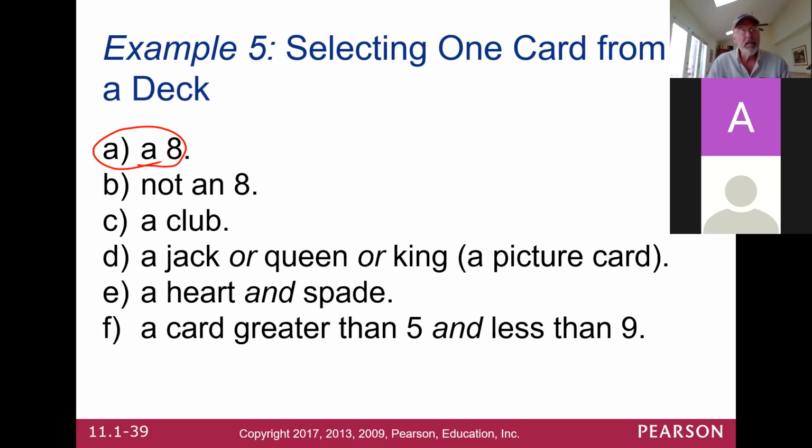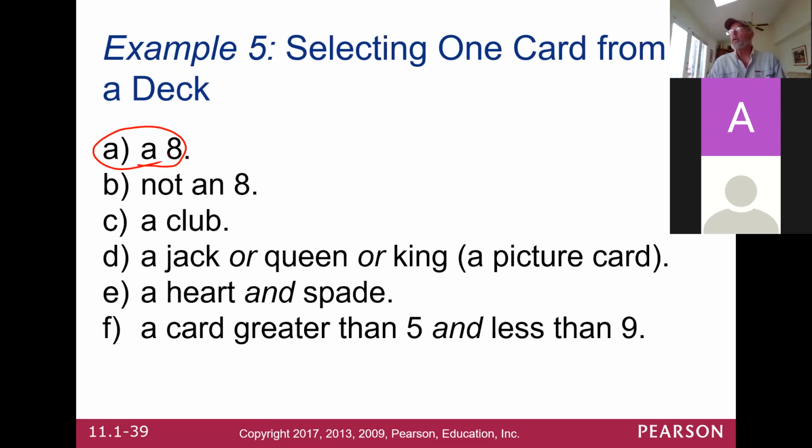All right. So what is the probability of drawing a club? A club, that'd be 25%.